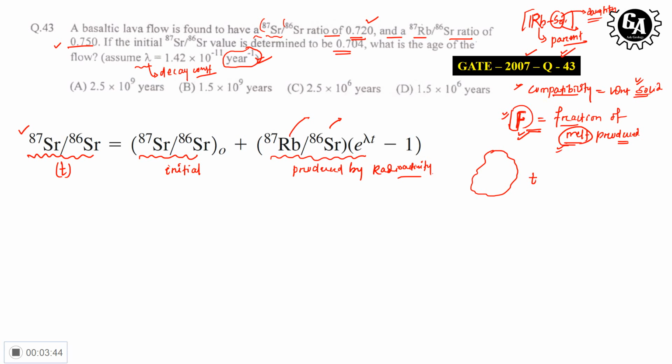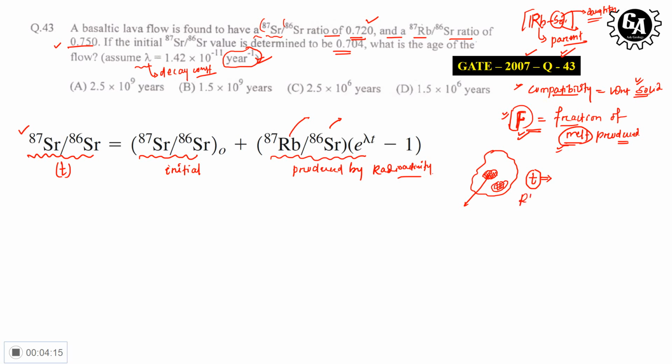So here, if some strontium is present initially, then that strontium will also be taken into consideration, because we are trying to get the total amount of strontium present within that rock: how much was present initially, plus the amount of strontium produced by the radioactive decay of rubidium.